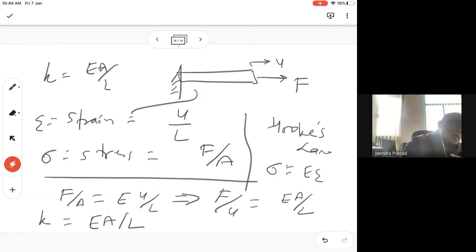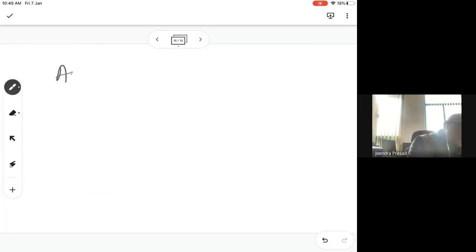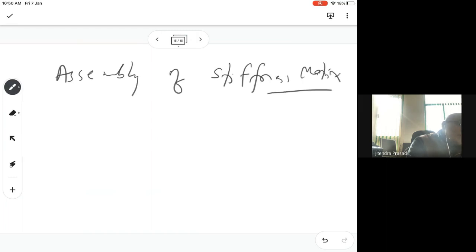Okay. Now in the next class, we will talk about what is known as assembly of a stiffness matrix. What is the meaning of that? You may have a spring, two springs or three springs together, right? And then what to do?